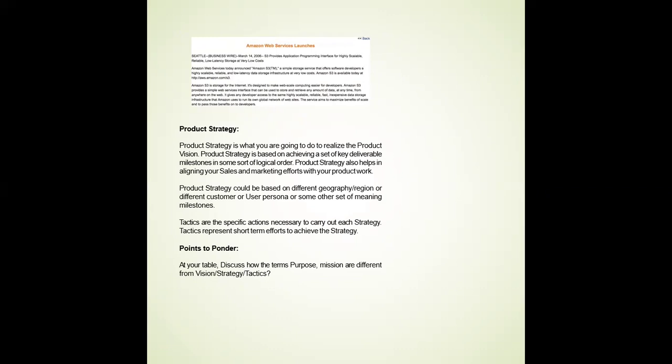Now, how to develop means you need to divide. As I mentioned in our example of building a house, we have to understand that this house needs so many people: civil construction engineers, carpenters, plumbers, electricians.